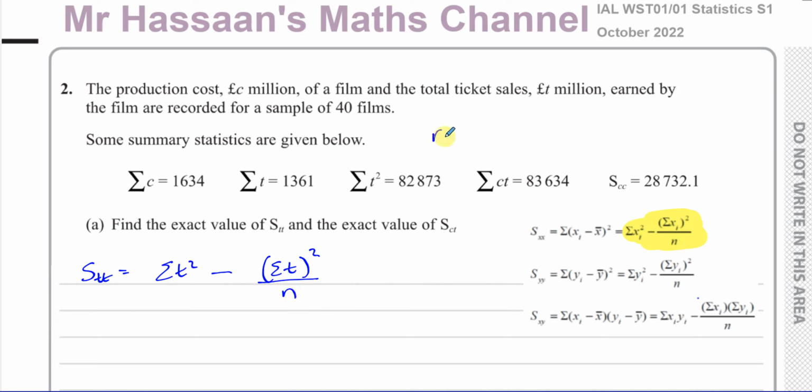We know N is equal to 40 because there are 40 films. So STT is the sum of T squared, which is 82,873, minus the sum of T squared, which is 1361 squared, divided by 40. That will give us our value.